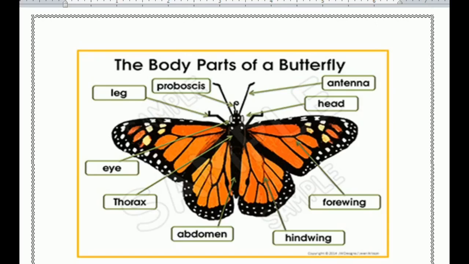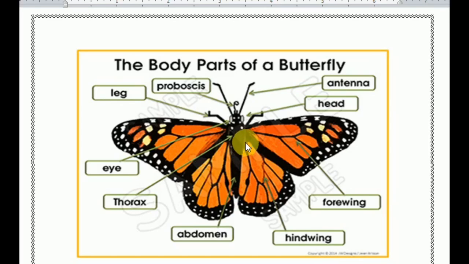Now we can see 7 common body parts that all insects have. Here you can see this is the head. Okay. This is the middle part of the body and this is the end part of the body.